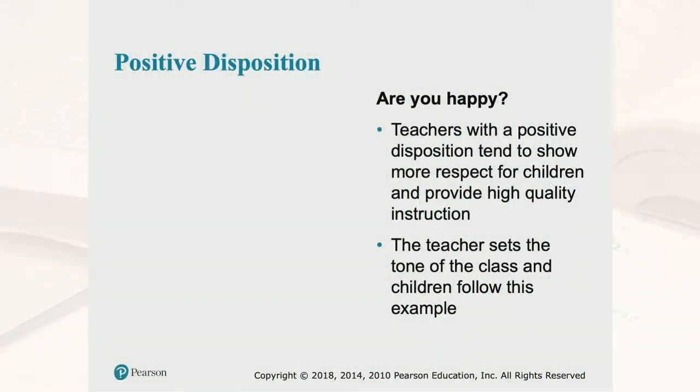So when we look at disposition, we want ECEs to display a really good positive disposition. That's because children really read into feelings. They watch how adults are interacting. They watch our facial expressions.